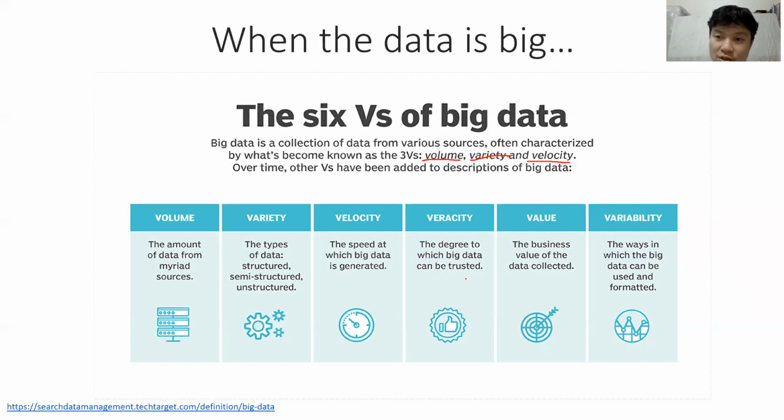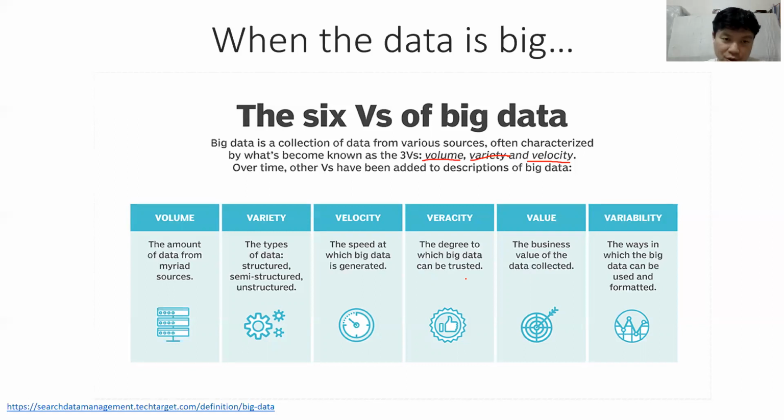The variability is also another important issue. The ways in which the big data can be used and formatted. So when the data is in the stream, okay, the data keeps coming to your system, of course, you need to sort, you need to filter which data can be used and which data can be formatted and which data is not useful. So this variability is also another issue in the big data.